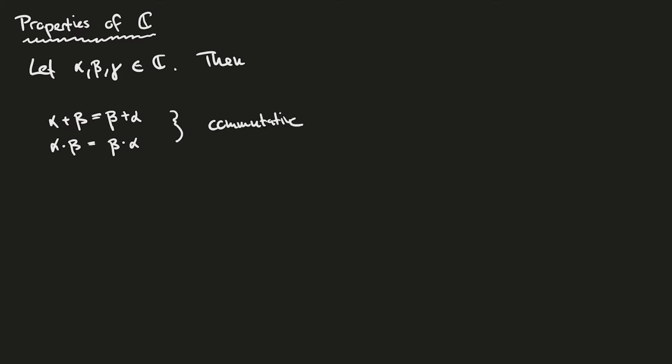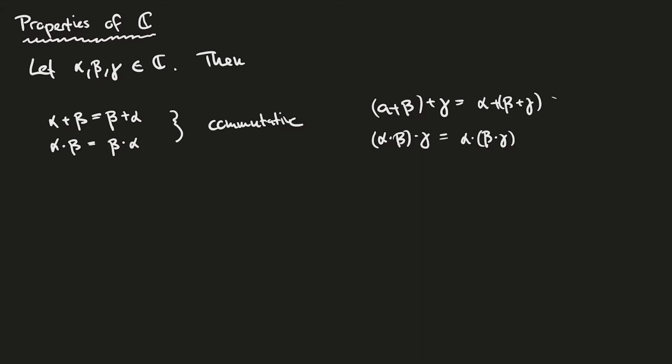Next, we have that alpha plus beta plus gamma, bracketed in this way, is equal to alpha plus beta plus gamma, bracketed in the other possible way. And similarly, alpha times beta times gamma is equal to alpha times beta times gamma.